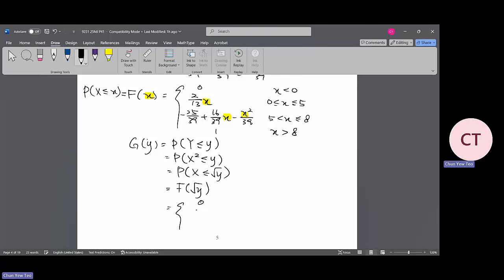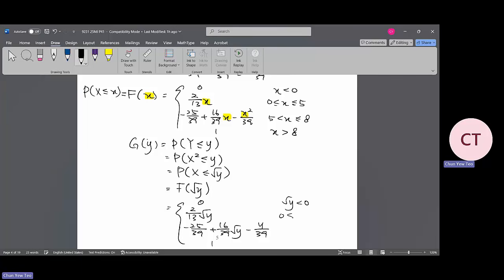You have a 0, 2 over 13 square root y, negative 25 over 39 plus the 16 over 39 square root of y minus the y over 39. This is for the square root of y less than 0.